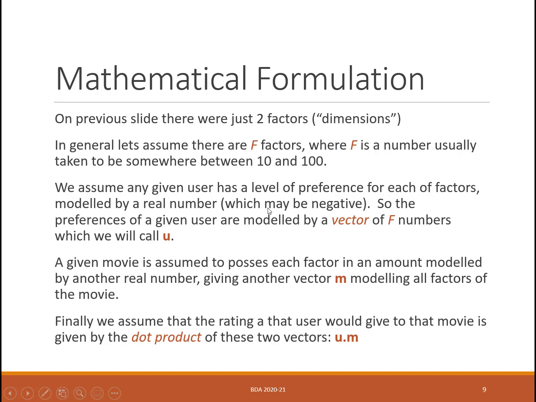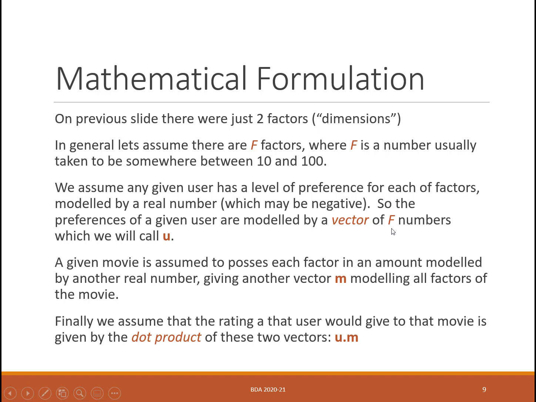For instance, in the previous example, if the preference level of a user to serious movies is a positive number, it means that that user likes serious movies. The greater the positive number, the higher interest in the serious movies. However, a negative factor value represents the user hates serious movies.